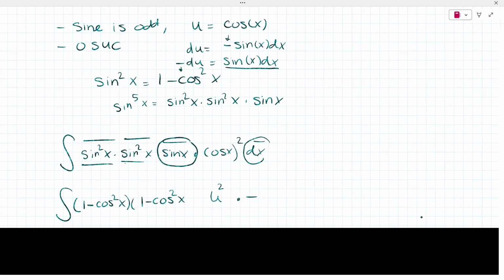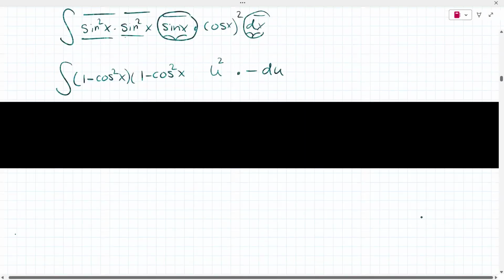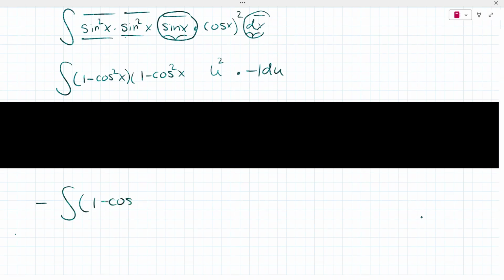So you're going to replace the sine of x dx with negative du. Okay. Anything we can do? Yes. This invisible negative 1 is a constant, so you could just put that in front. And then we have this u squared here, and then you have this du. Okay, looking much better now.